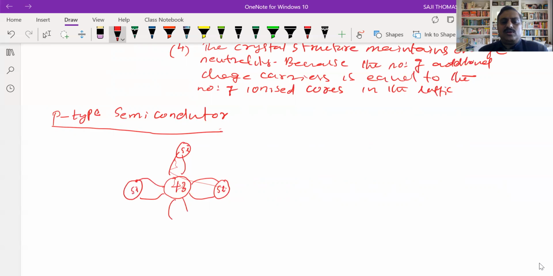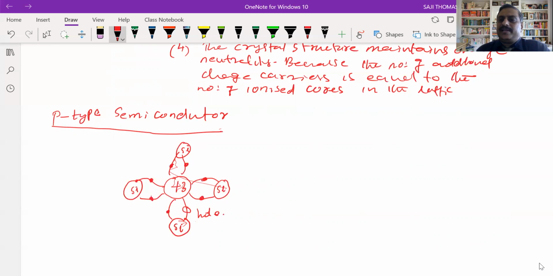In the fourth bond, there is a vacancy of an electron, because the impurity has only 3 valence electrons. That vacancy is known as a hole.